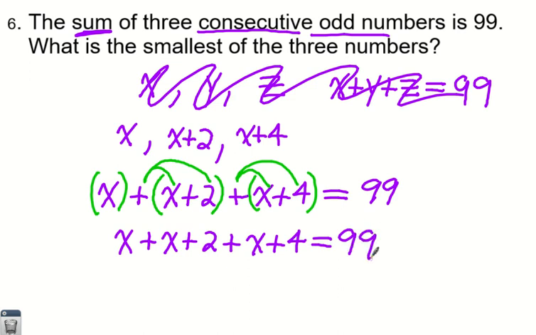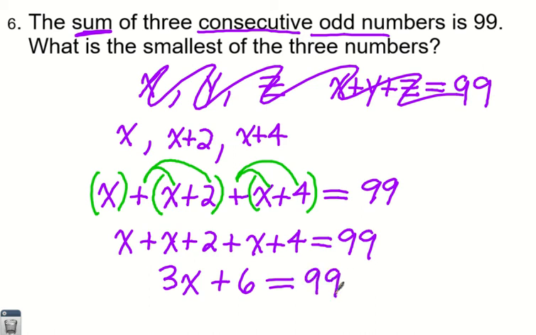And then guess what? Now you have an equation that you can solve for X because there's only one letter, X. We can combine the X's: X plus X plus X is 3X. And then the 2 and the 4 are also like terms on the same side. You can just combine those and get 6.